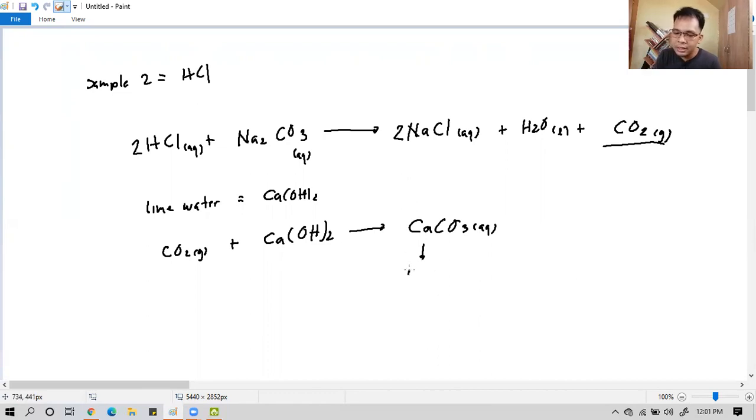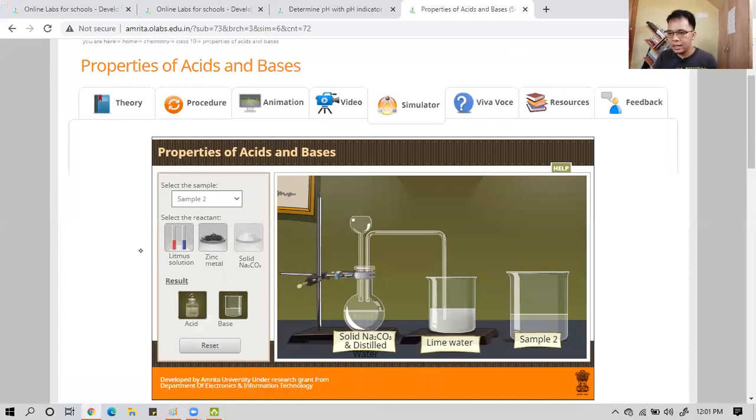That is what caused the milky solution. So, the reaction is balanced here: 1, 2, 3, 4, 1, 2, 3, 4, 1, 2, 1, 2, calcium. So, the reaction is balanced. That is what happened in our reaction.